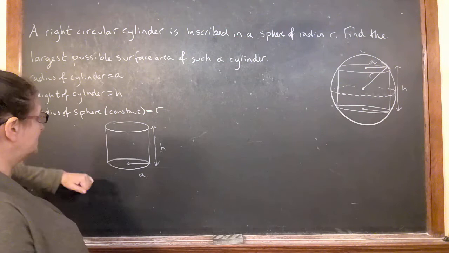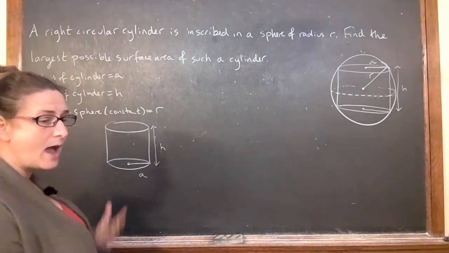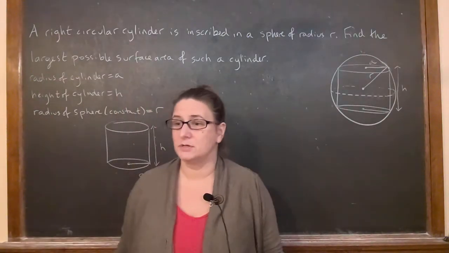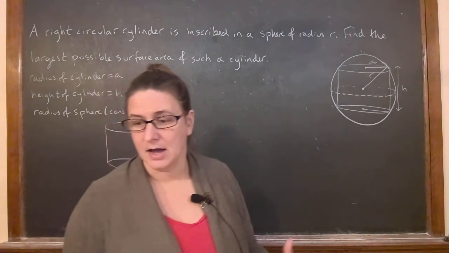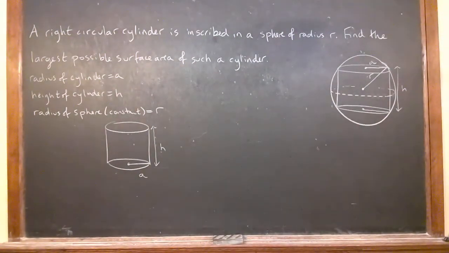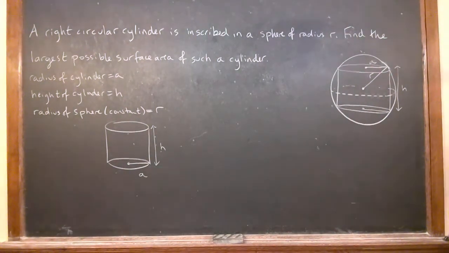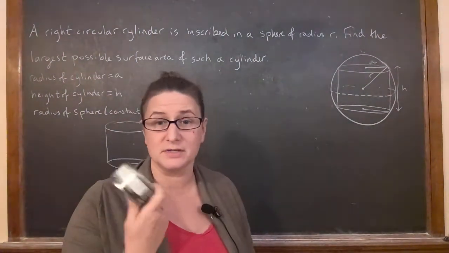Now for my cylinder, how do we think about the surface area? You can imagine a can. Here's a can, here's our cylinder. What do we want to find out? The surface area of the cylinder.